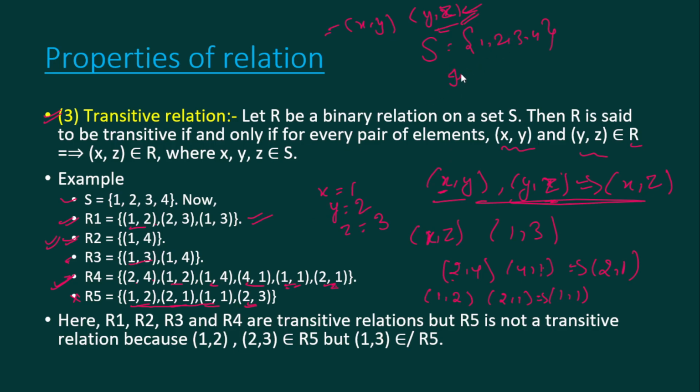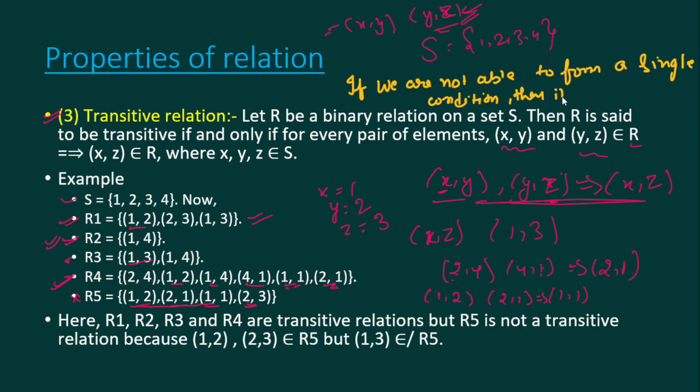Let me write this here: if we are not able to form a single condition, then it will be a transitive relation.